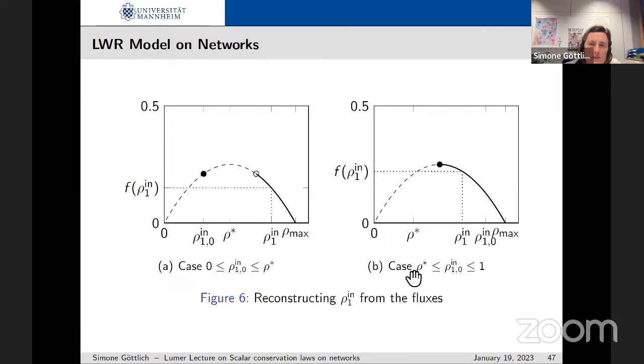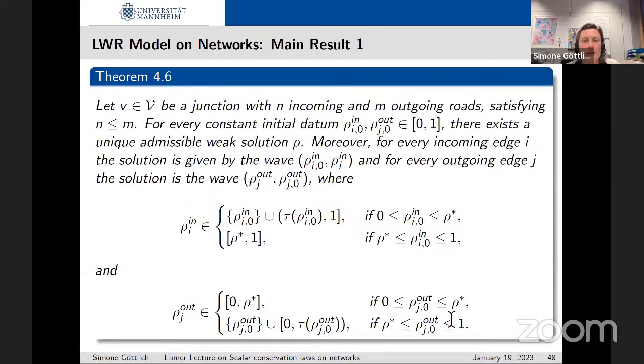The other reconstruction would mean if we have some initial data which is larger than the maximum and smaller than 1, we can compute the corresponding value for rho in this way. The same can be done for the outgoing values. This is the interpretation of solving the maximization problem for these special kinds of incoming and outgoing roads.